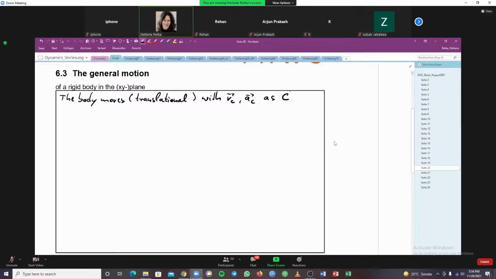They are vectors now, since they can point in any direction in our plane of motion. And then we have the inertial force in the center of gravity acting opposite to the acceleration of the center of gravity. So in general, it's minus MAC.